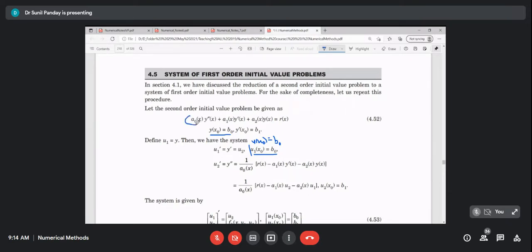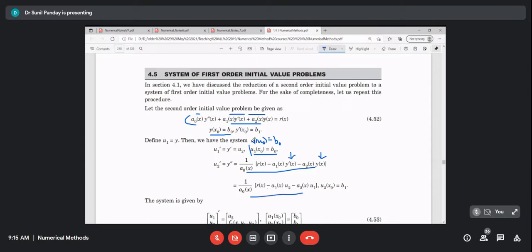We take the other terms of equation 4.52 to the right and divide by a naught of x to get this expression.